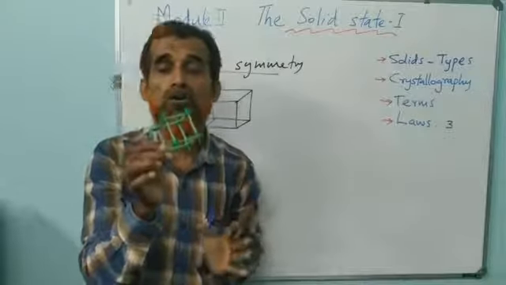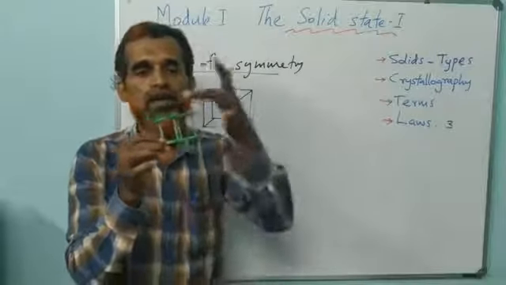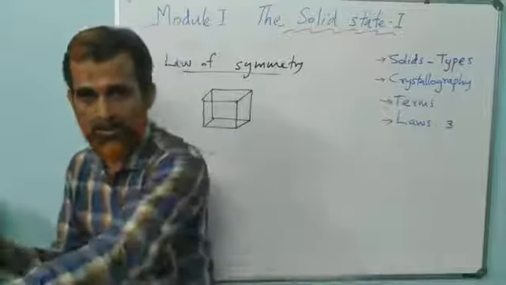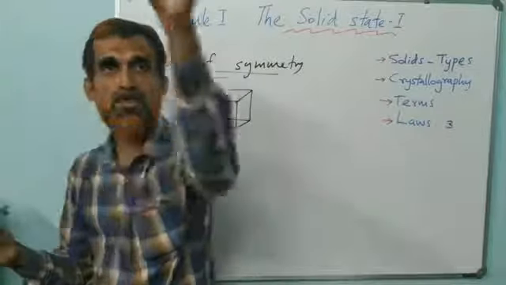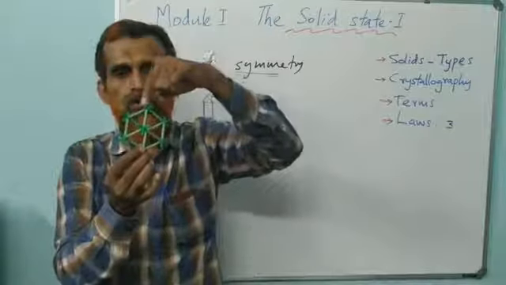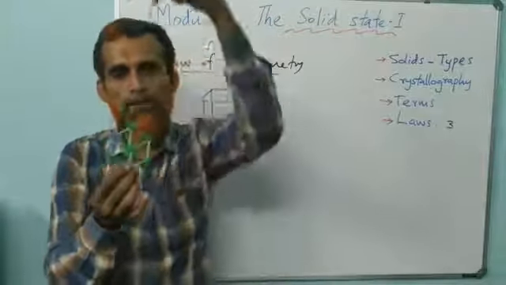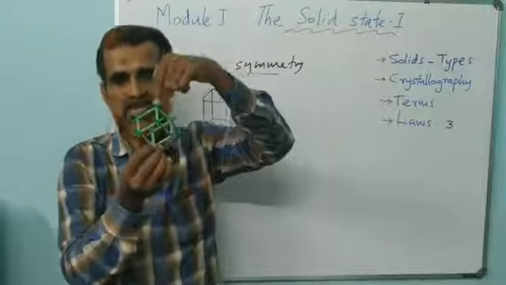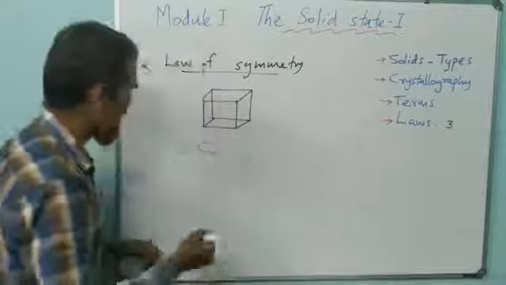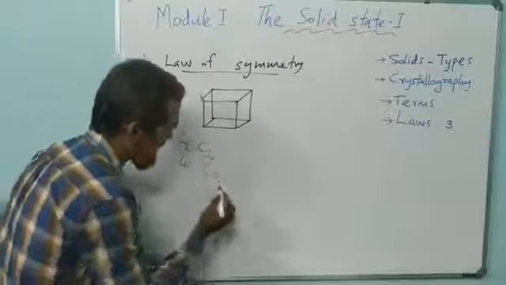How many corners for a cube? There are 8 corners. You can count all the corners in your room: 1, 2, 3, 4, 5, 6, 7, 8. Joining opposite corners gives one C3 axis. So how many total? There are 8 corners, so there are 4 C3 axes.